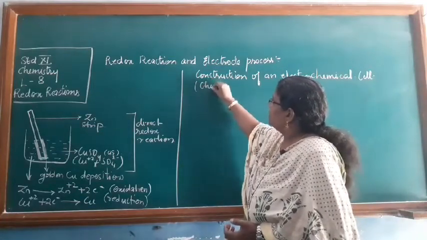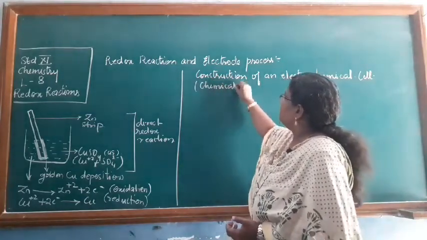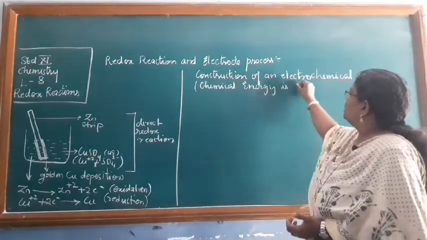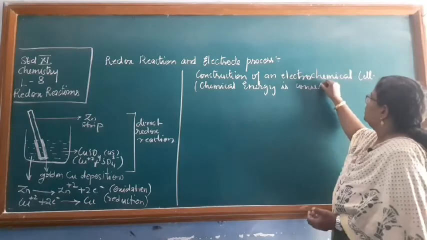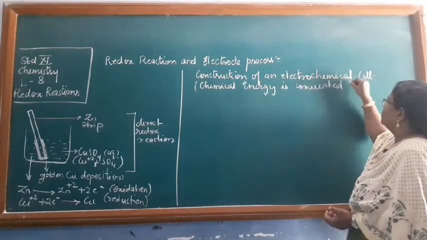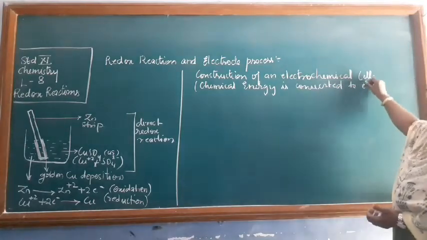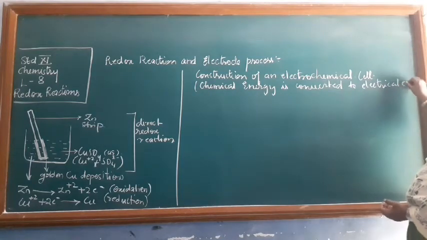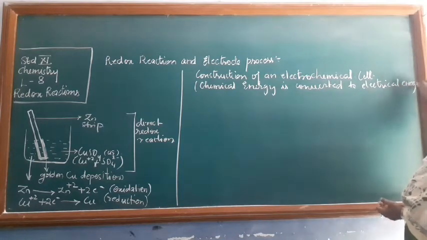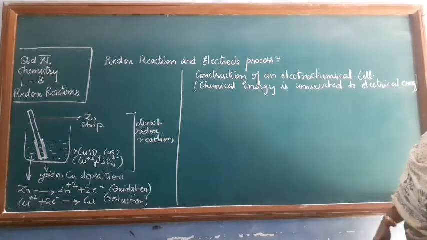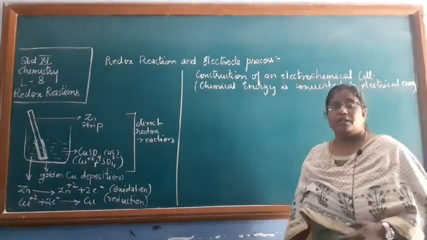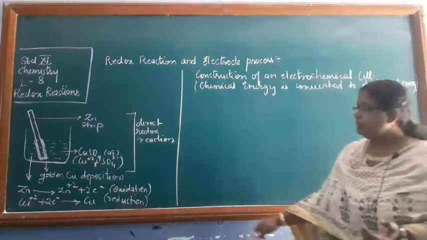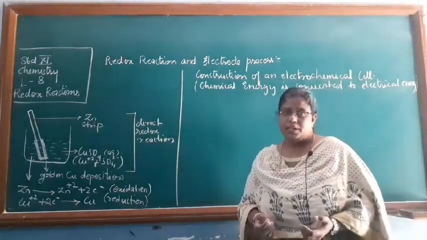Chemical energy is converted to electrical energy. This is what we call an electrochemical cell. How do we obtain the chemical energy? We obtain the chemical energy by the reactions which are taking place.